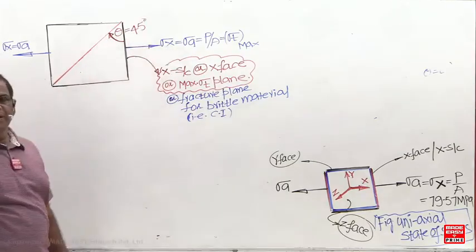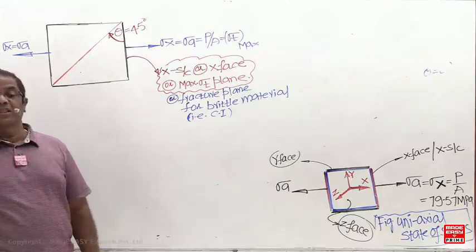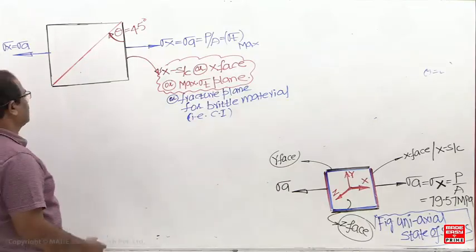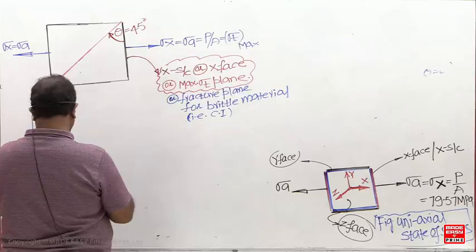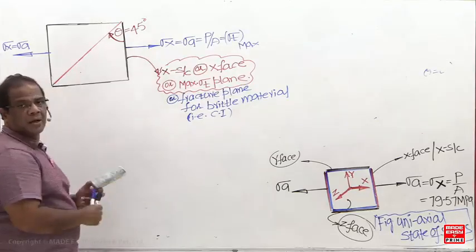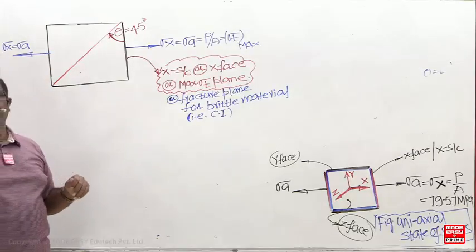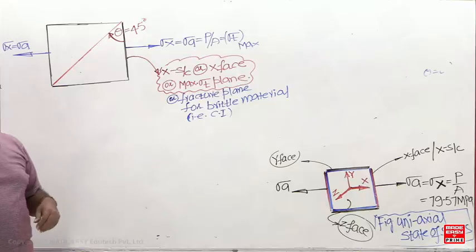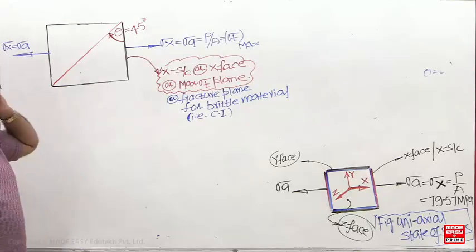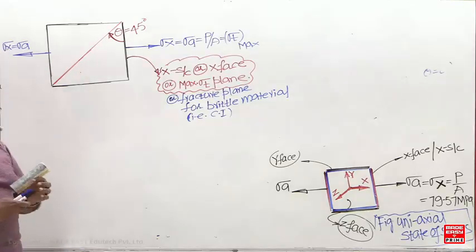On this plane, shear stress is maximum. So what is this plane called? Maximum shear stress plane, or the failure plane or fracture plane for ductile material.